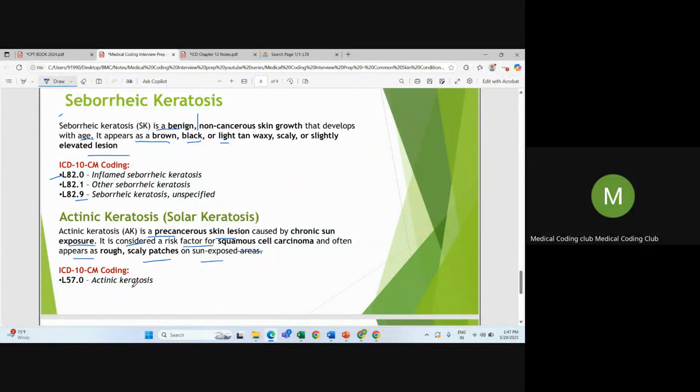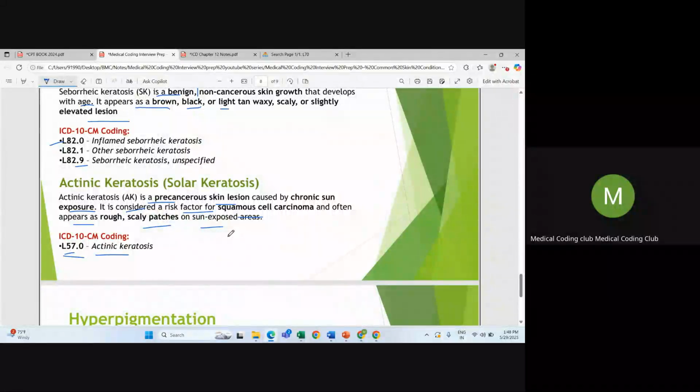Okay, so actinic keratosis and seborrheic keratosis are more common conditions that we code. So for actinic keratosis, the ICD code is L57.0. In the L57 code set, you can just check actinic keratosis.